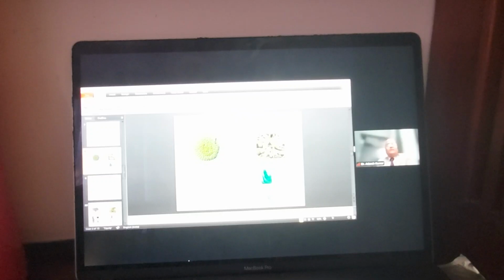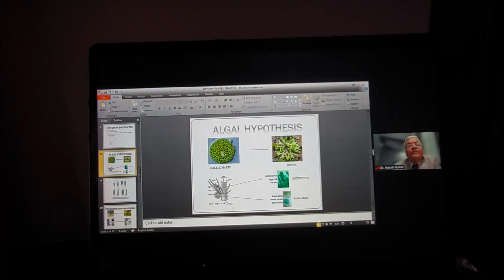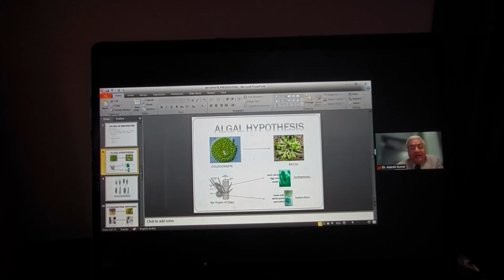Here I am giving an example of the algal hypothesis. This is Coleochaete, a green alga. The plant is thalloid in form, a rosette gametophyte. After fertilization, the zygote is formed in this plant.